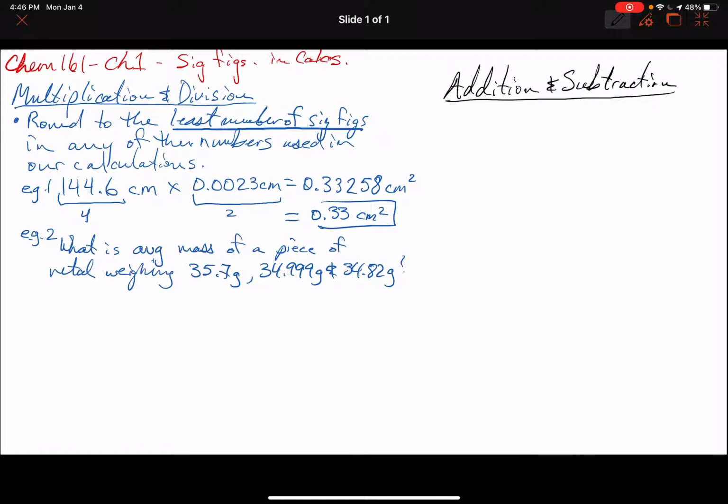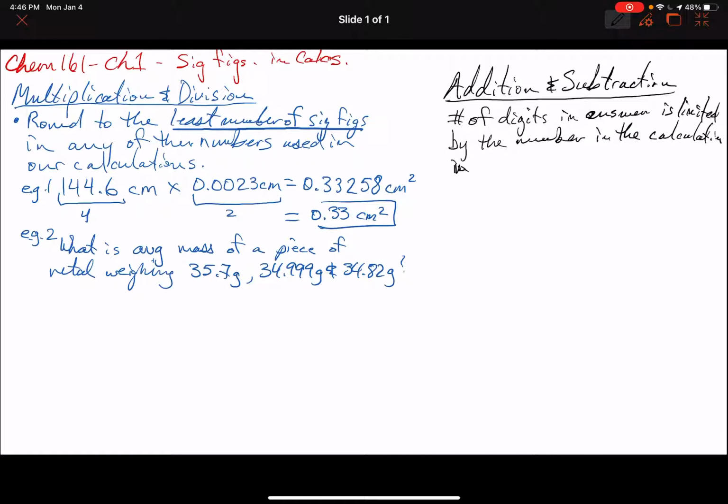Okay, so for addition and subtraction, we want to work with the number of digits that ends up limited in our answer, and the answer is limited by the number in the calculation with the smallest number of decimal places.